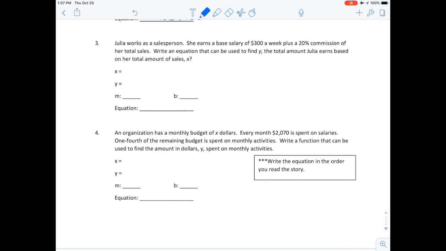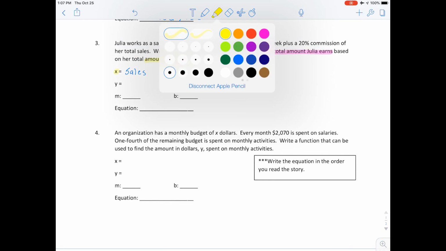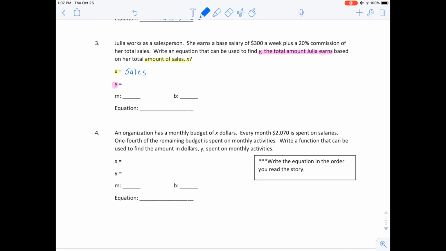Write an equation that can be used to find Y. I'm going to start highlighting here, which is the total amount Julia earns based on her total amount of sales, X. All right, so X is her sales, and Y is her total amount earned, money earned. All right, so we have identified our variables.